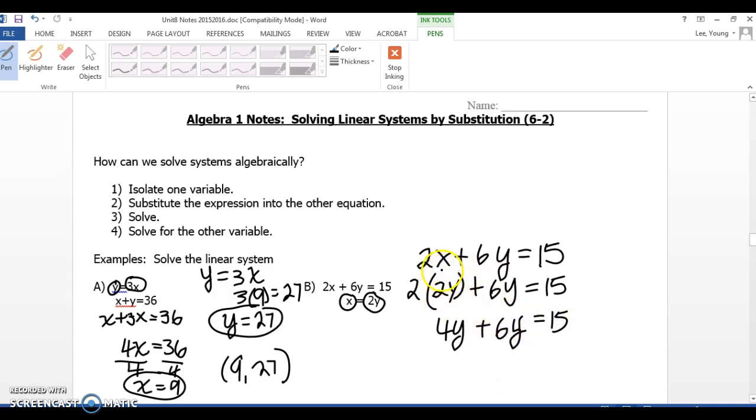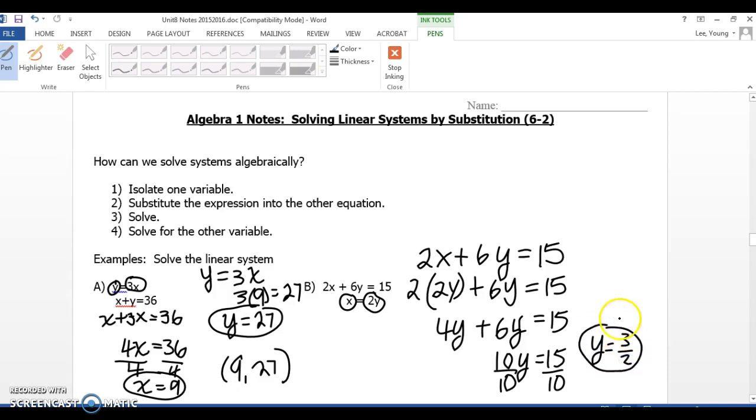Now, the reason we substituted again was so that I can have only one variable. Instead of x and y, I have just y, so I can solve. 4y plus 6y is 10y equals 15. Then you divide by 10. y equals 1.5, which is 3/2.